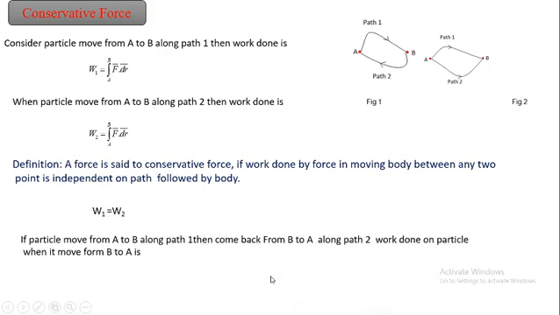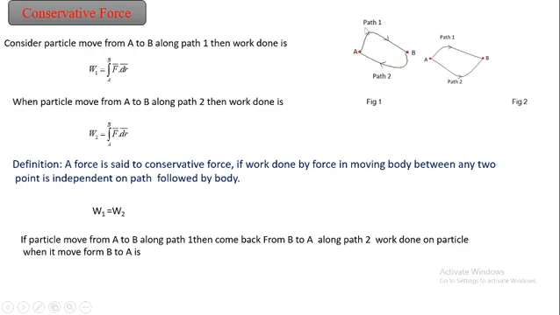Now we consider that the particle moves from point A to B along path 1, but comes back from B to A along the second path. Then the work done on the particle is the work done over the closed path.